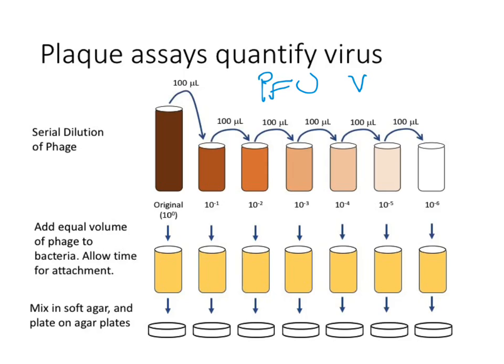For me, it's typically 100 microliters or 0.1 mLs. And the final thing we need to know is the dilution: from which dilution of the phage did we count the number of plaques? Using these three values, we can calculate the concentration. A simple calculation is PFU divided by the volume times the dilution. You said the volume of the phage?